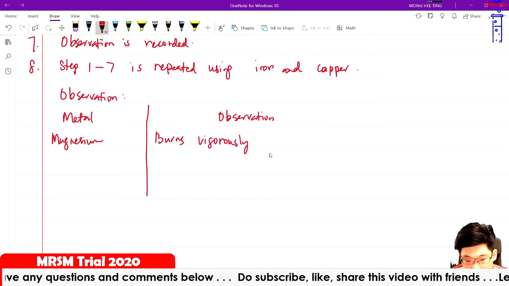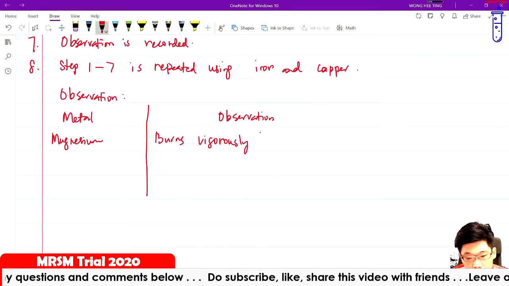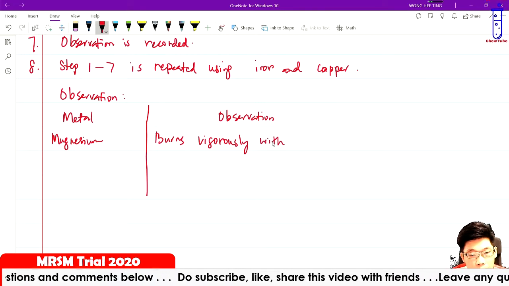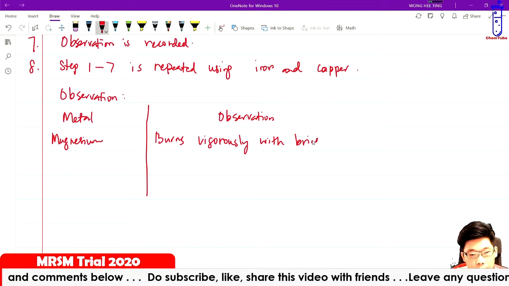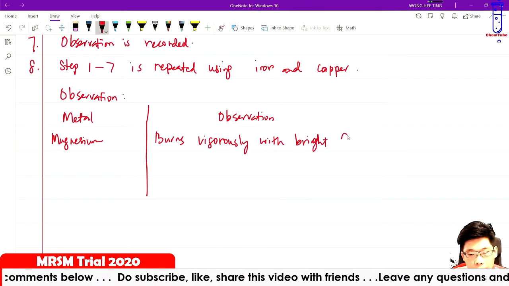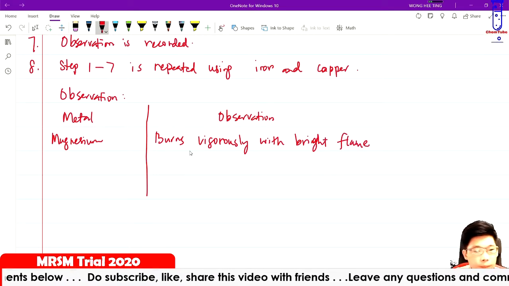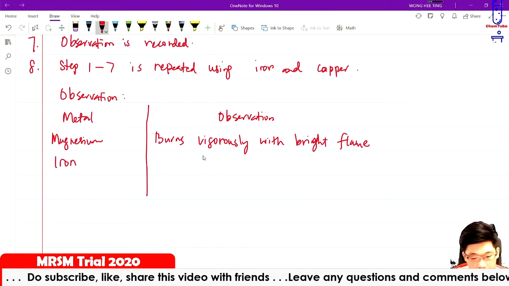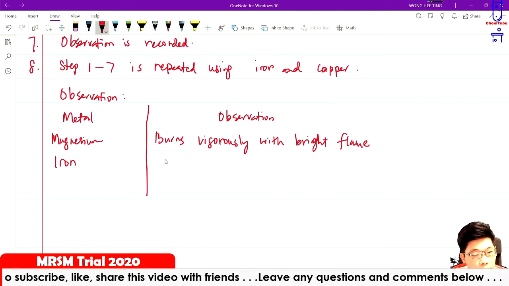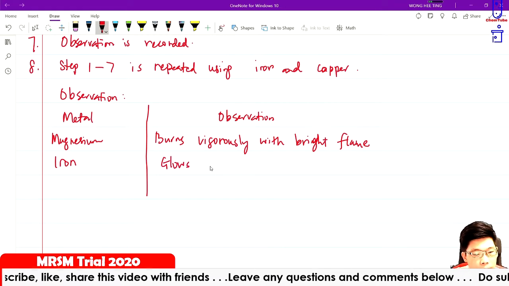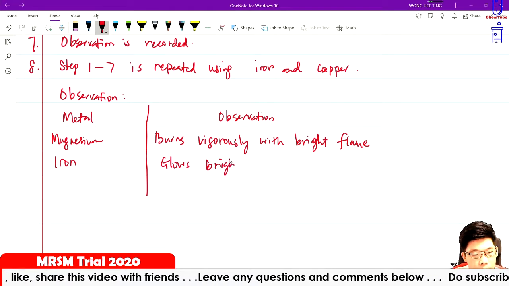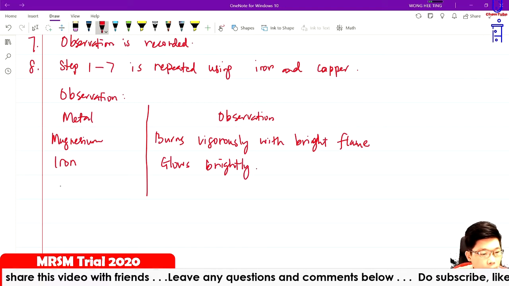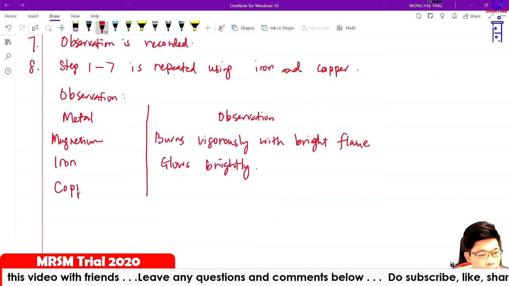It burns vigorously with a bright flame. Then followed by iron. Iron glows brightly, not burning. Finally is copper.